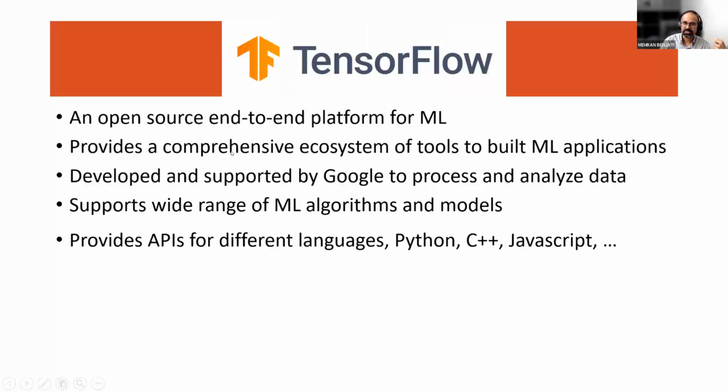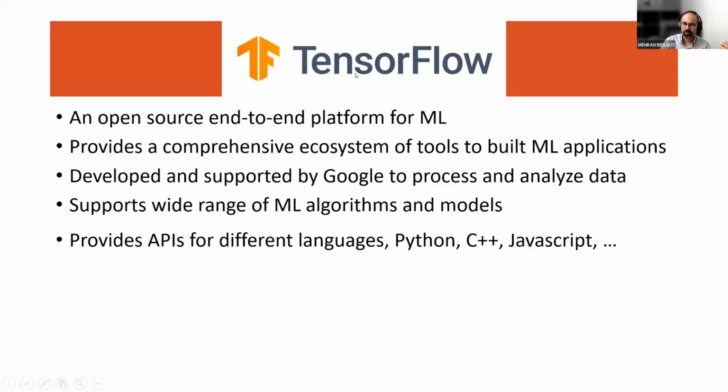TensorFlow, which is an open source end-to-end platform. The difference between TensorFlow and scikit-learn is that TensorFlow has wide application in deep learning and neural networks, while scikit-learn is generally used for machine learning.